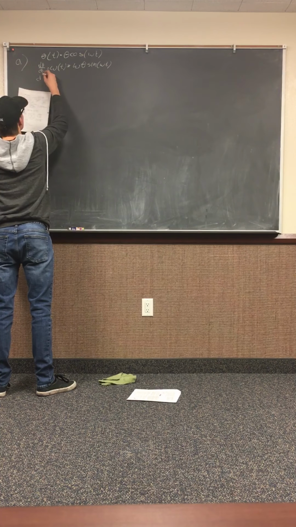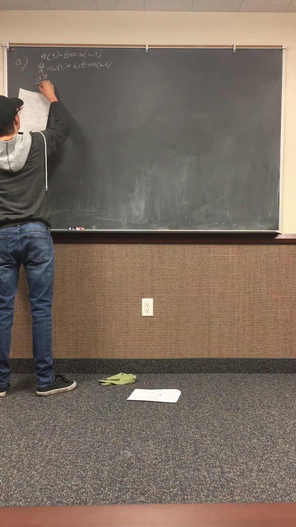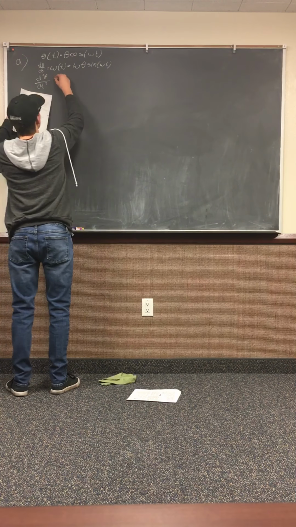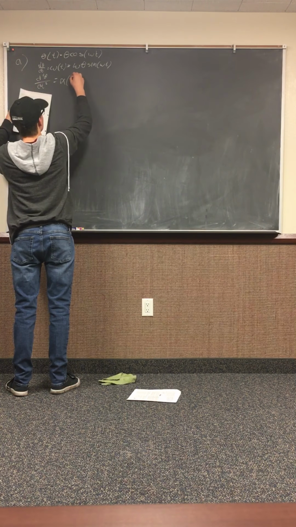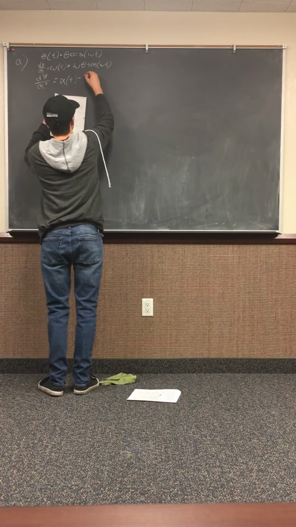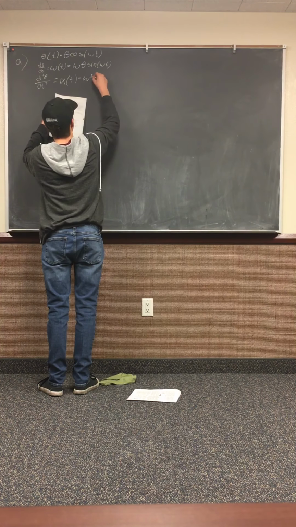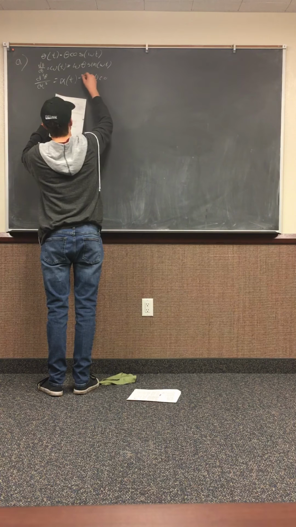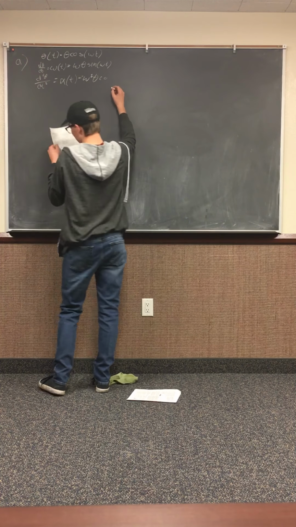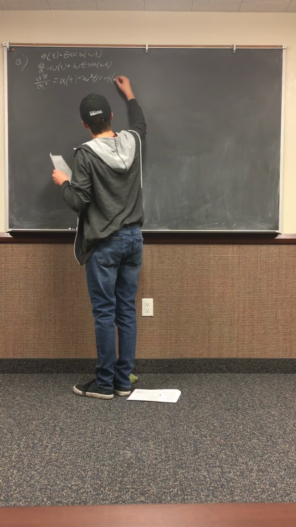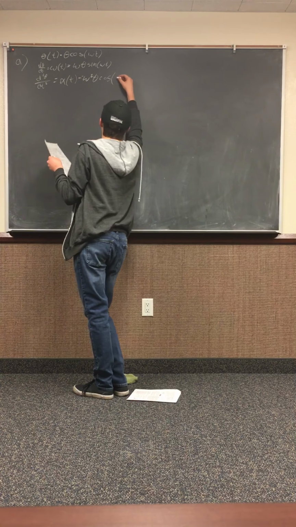Then d squared theta over dt squared equals our angular acceleration as a function of time, which equals negative w squared theta cosine of wt.